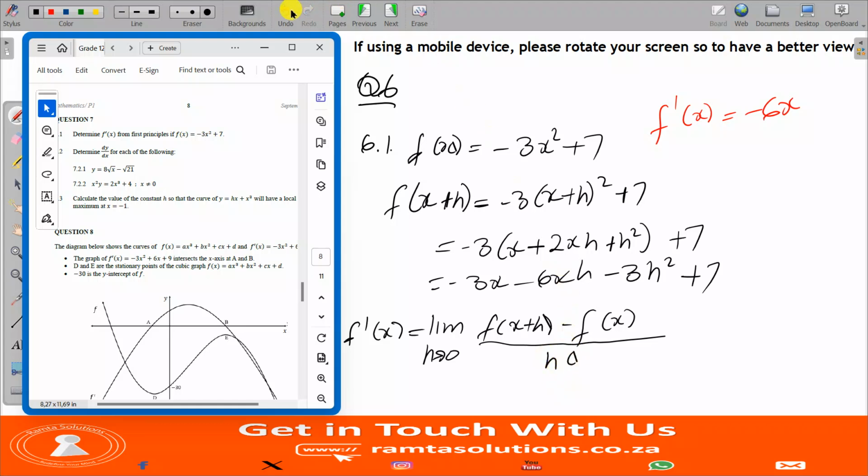Now, substituting where there's x, we will put this.